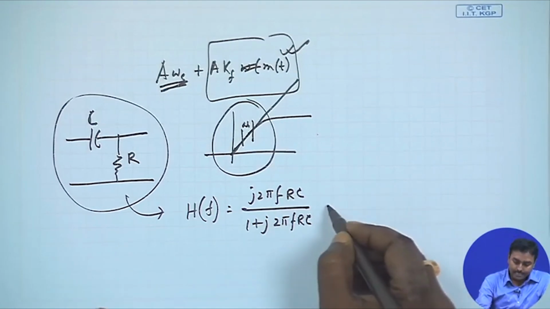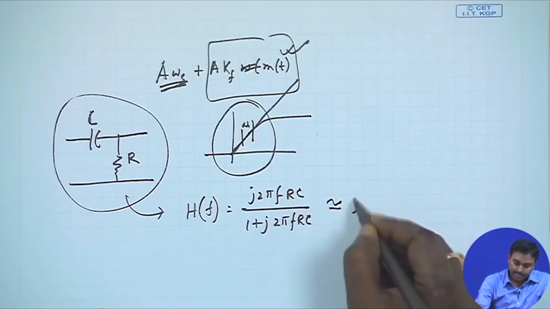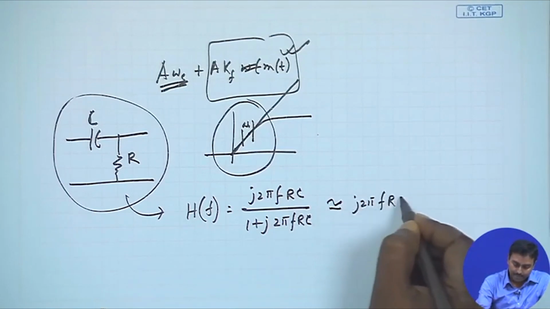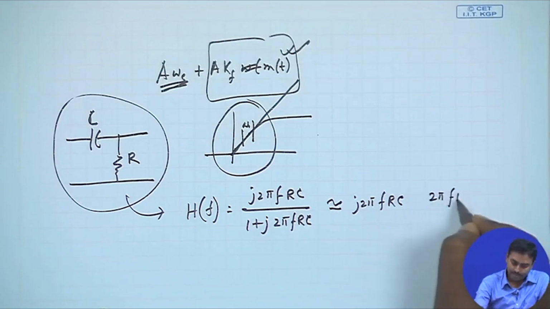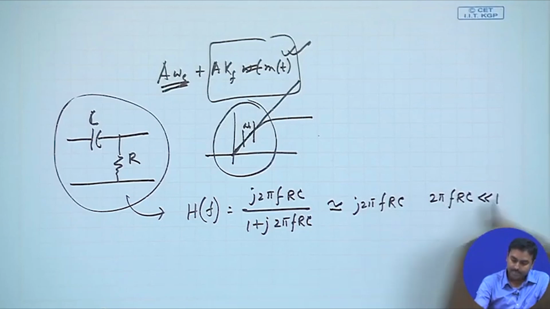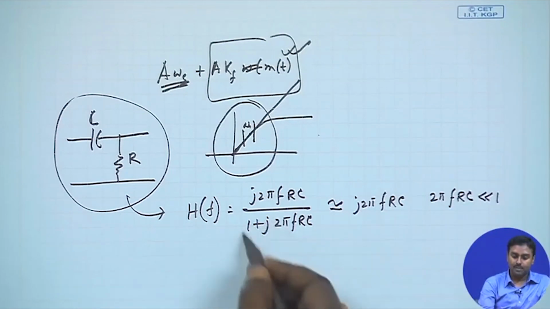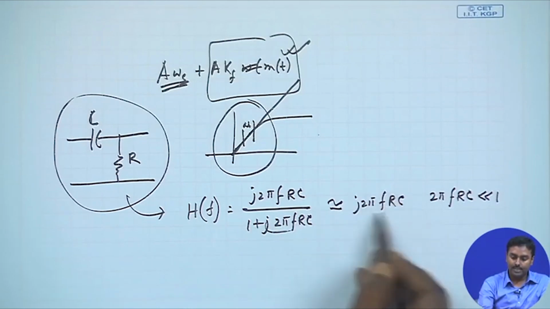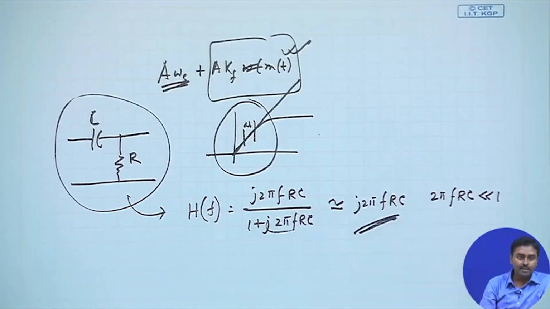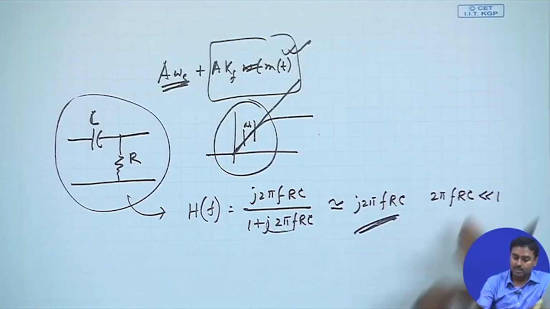Now, this can be approximated as j 2 pi f RC if 2 pi f RC is much less than 1, because then this term will be neglected and there will be only 1. So, I get this, which is almost like an ideal differentiator. This will happen if this condition is valid.